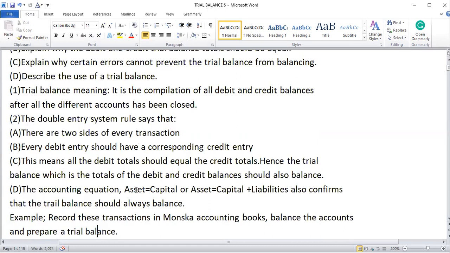Every credit entry has a corresponding what? Debit entry. So once it has been recorded twice, it means at the end of the day, when we add up all the debits and all the credits, it should balance.